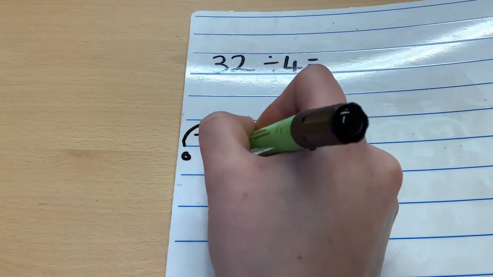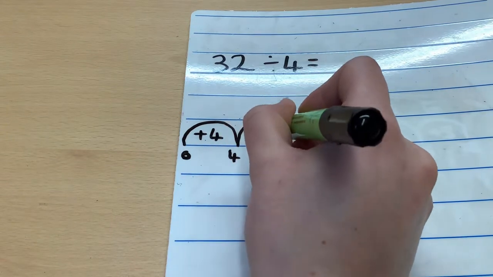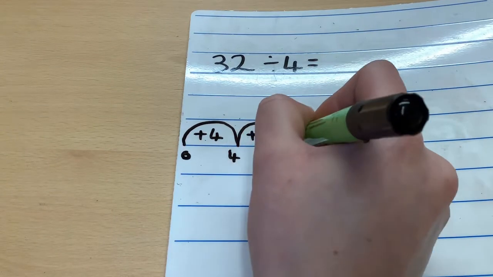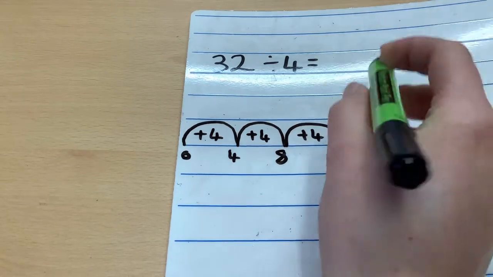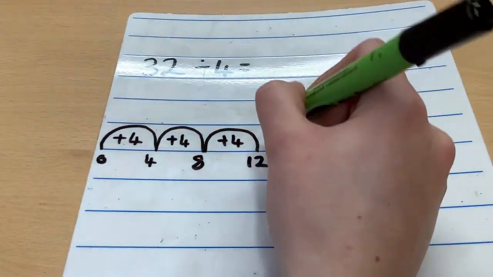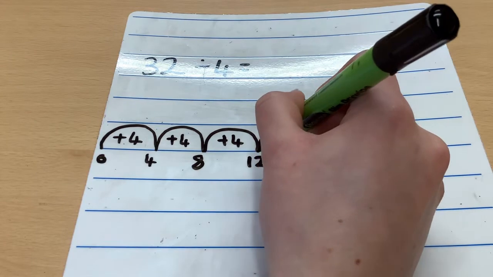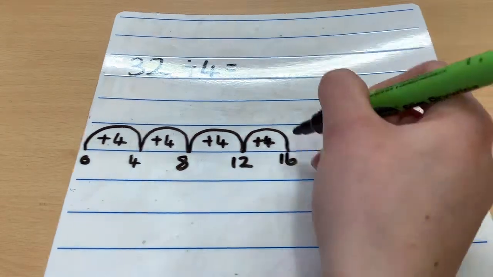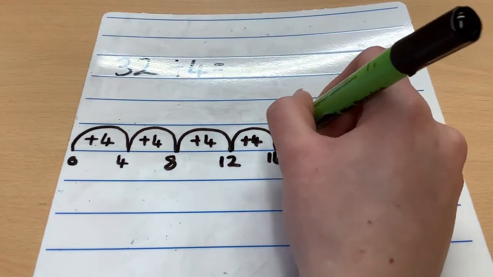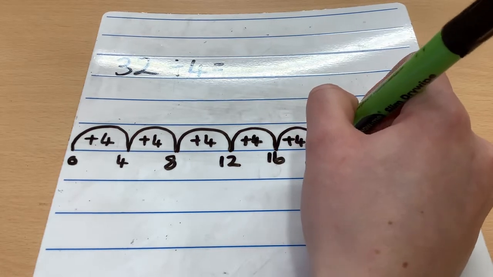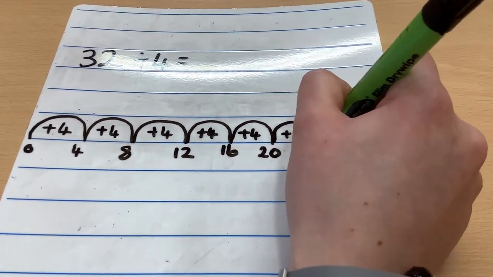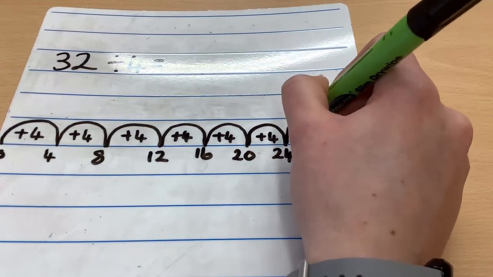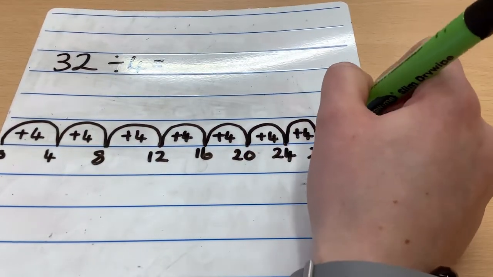0 add 4 equals 4. 4 add 4 equals 8. 8 add 4 equals 12. 12 add 4 equals 16. 16 add 4 equals 20. 20 add 4 equals 24. 24 add 4 equals 28.